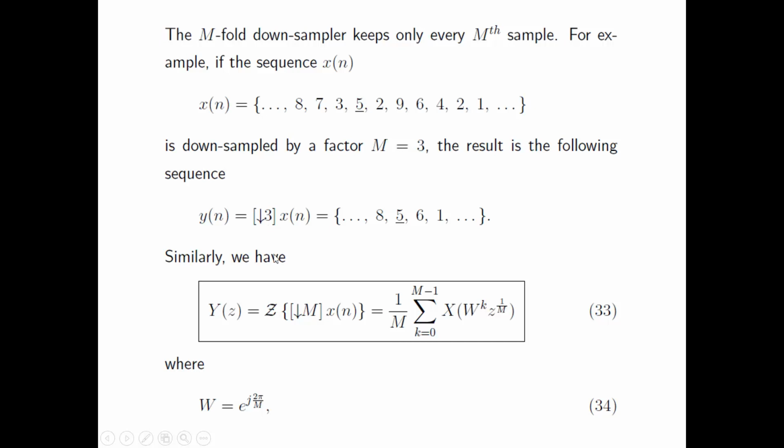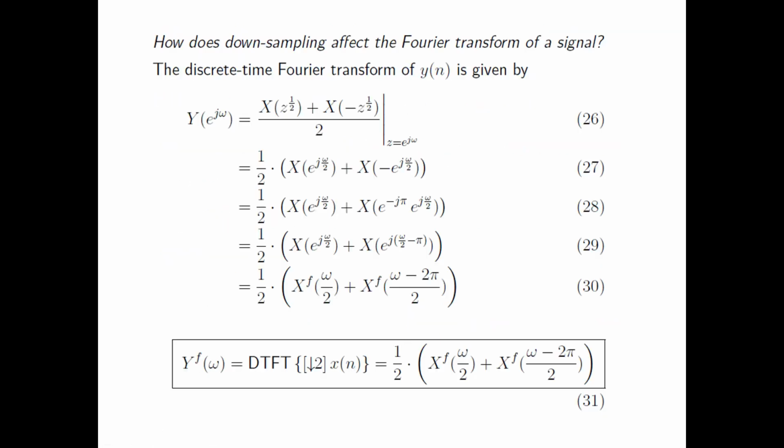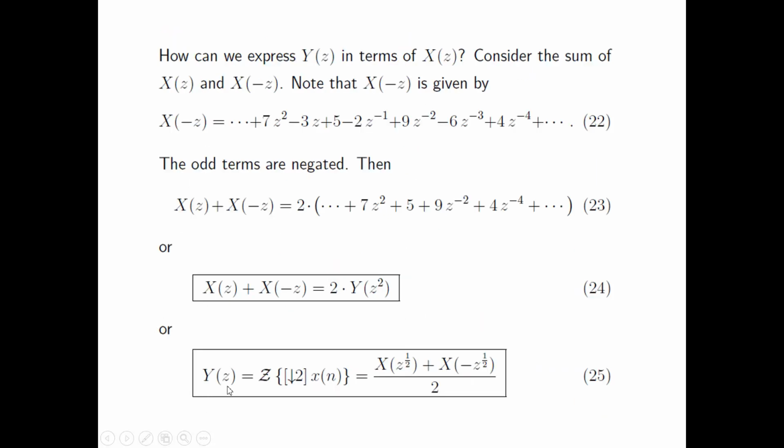Similarly, as we derived the Y of z equation for capital M equal to 2, that is downsampling by 2, we can generalize the equation and write it like this. This is the equation where Y of z is given by this, because this 2 is coming from considering a downsampling case with capital M equal to 2.